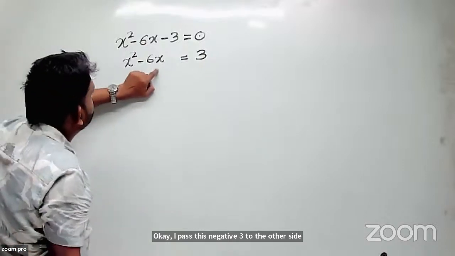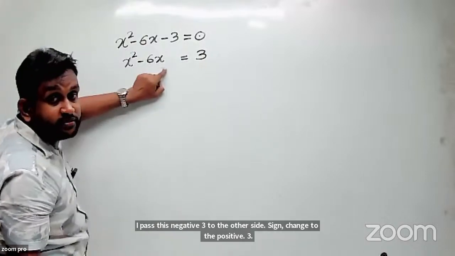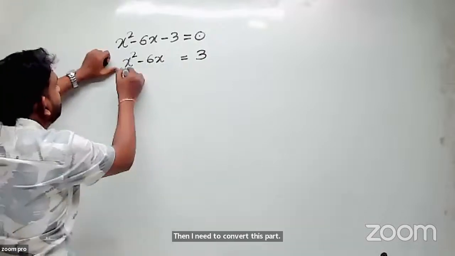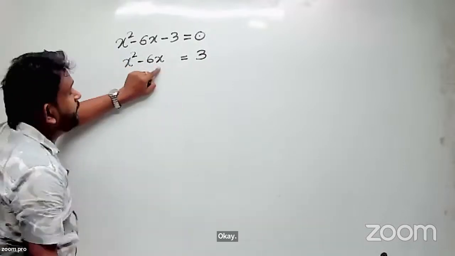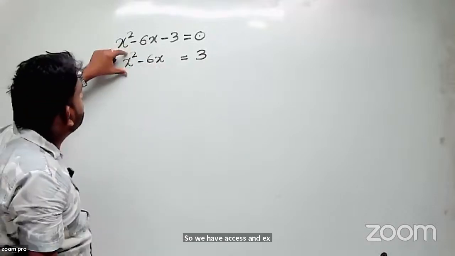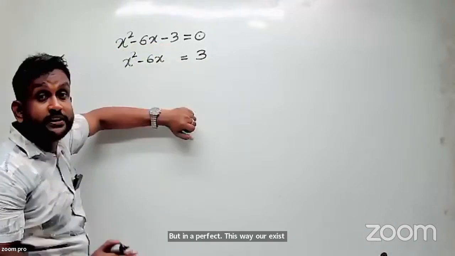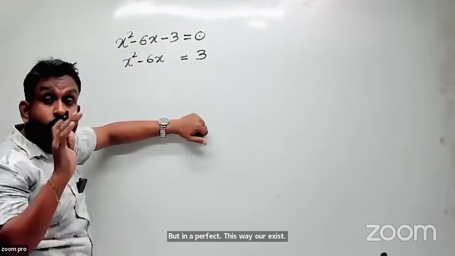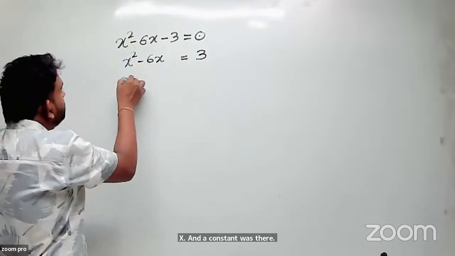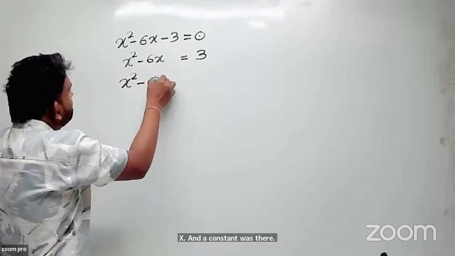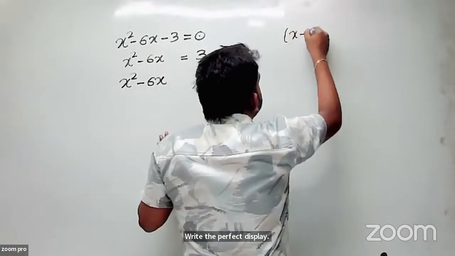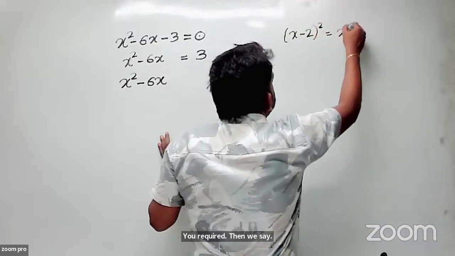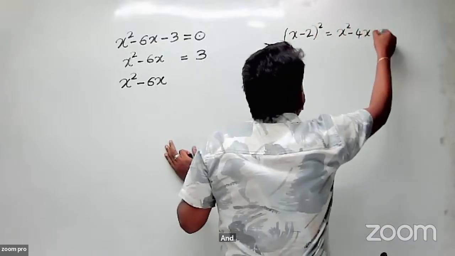Then I need to convert this part into a perfect square. Okay, so we have x squared and x terms only, but in a perfect square, x squared, x and a constant are there. Then you know how to write the perfect square. If we say x minus 2 squared, then we have x squared minus 4x plus 4.